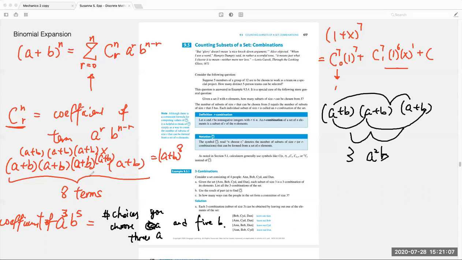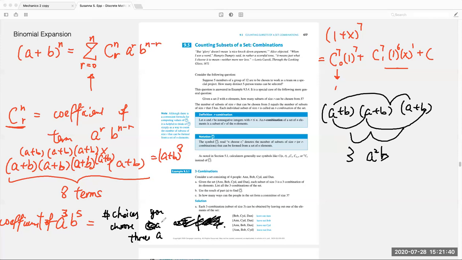But in this case, it's more complicated, of course. So it's A^3 times B^5. The coefficient just means the choices that you can choose 3 A's and 5 B's from these 8 terms. But if you understand further, you don't need to choose the B's once you have chosen the 3 A's, because there are only 8 terms.